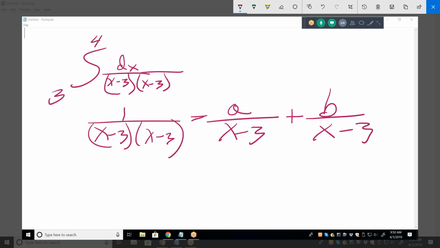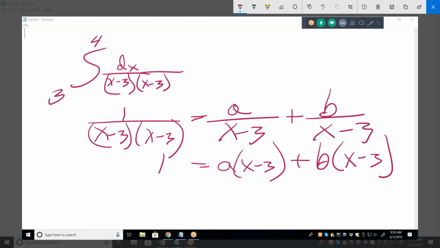Then a times x minus 3 plus b times x minus 3 equals 1. But are we going to run into some problems? Yes. Because they're both going to equal 0.